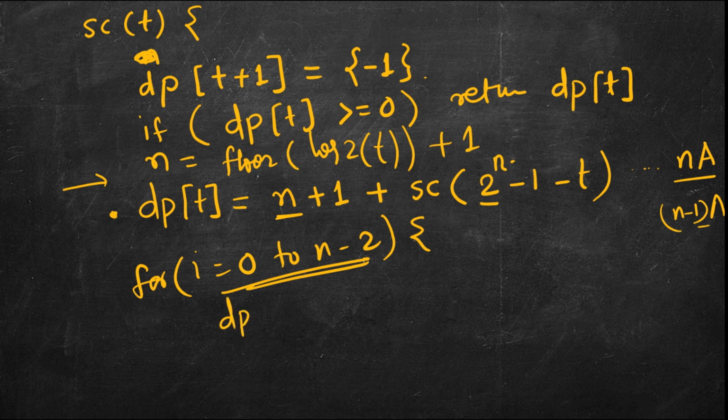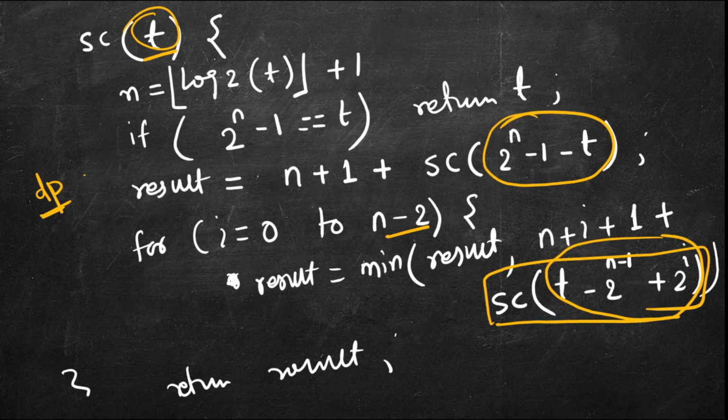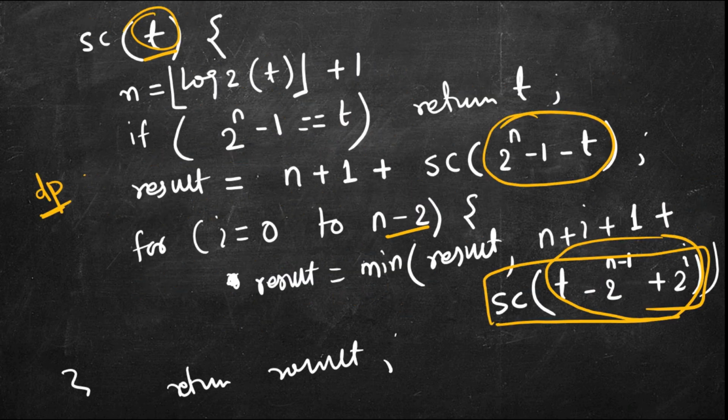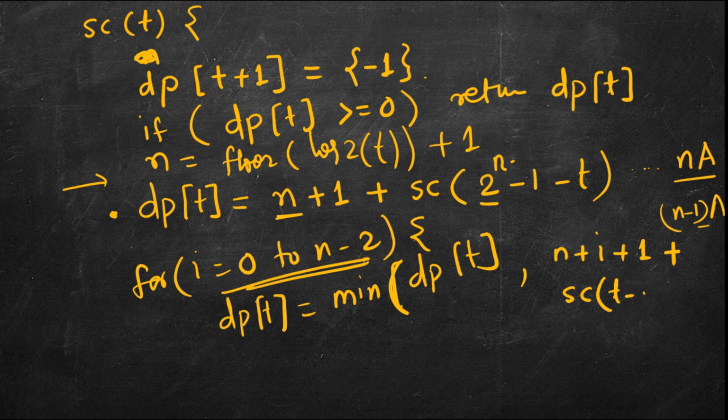So dp[t] equal to min of dp[t], the existing dp[t], and this operation n plus i plus 1, n plus i plus 1 plus sc of t minus 2 raised to the power n minus 1 plus 2 raised to the power i, and finally we return dp[t].